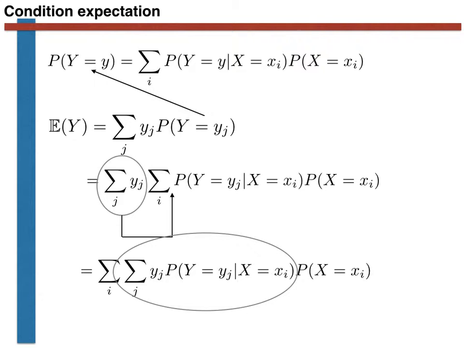Notice here though that this is no longer the absolute probability that capital Y equals Yj, but is instead a conditional probability that the random variable Y equals Yj, given that the random variable X equals Xi. This circled summation is thus said to be a conditional expectation value. It is the expected value of Y given that the random variable capital X is equal to Xi, which we can write using the following shorthand.